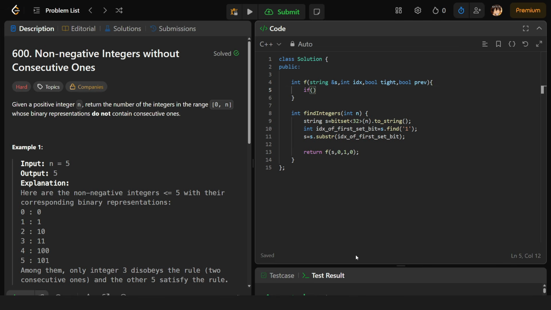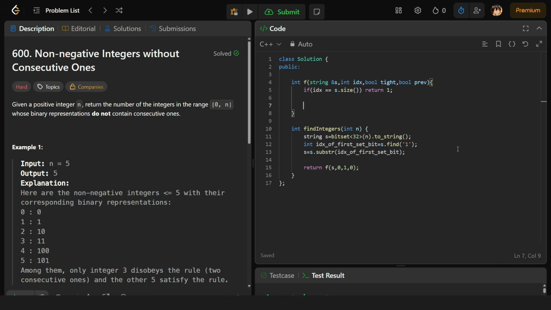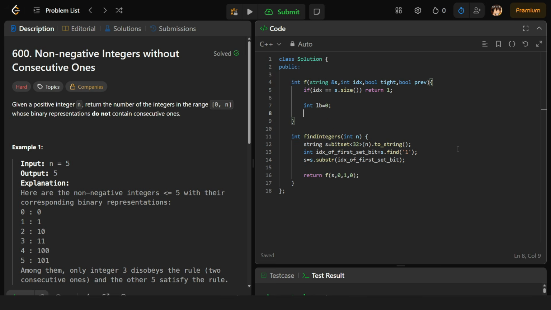So once I have written the 3 states here, let us start writing the base case now. It would be very simple. If the value of this index is equal to s.size, that is, the index value becomes equal to the string size, then it means that the binary representation is formed successfully. So we will return true directly here. But if this is not the case, then we know that our lower bound value is equal to 0 and our upper bound value will be decided by the value of tight.